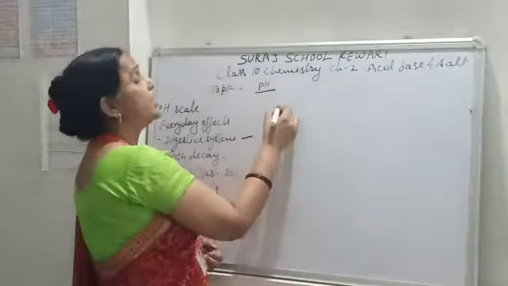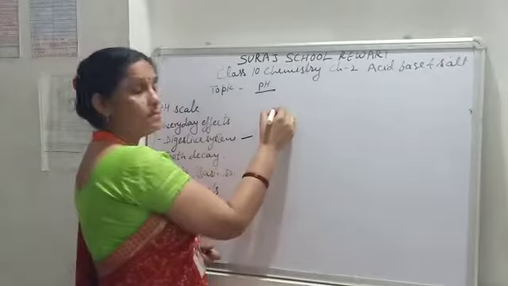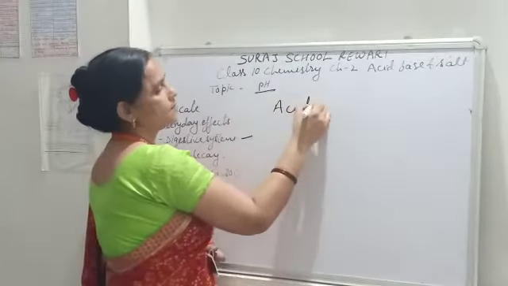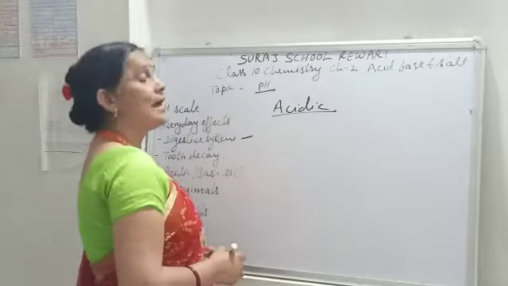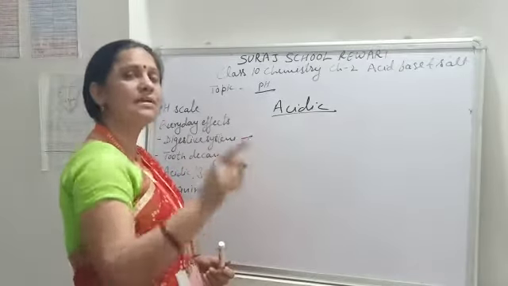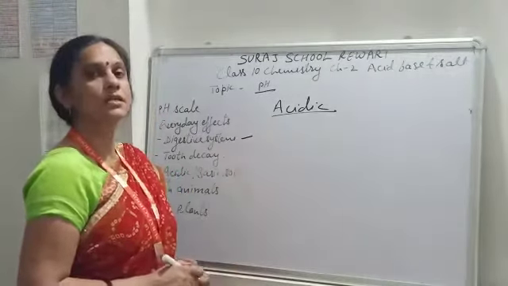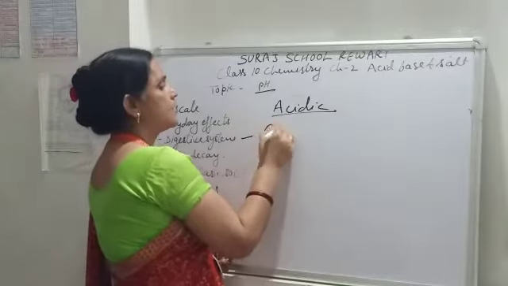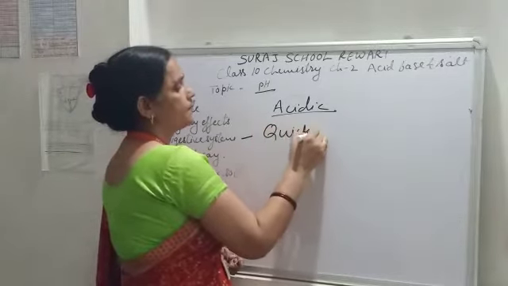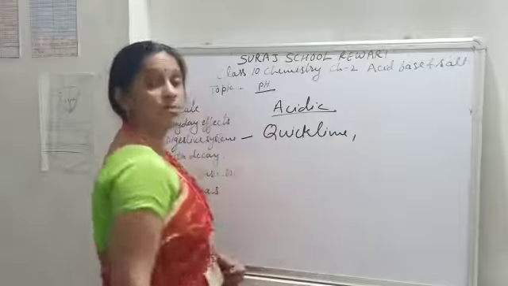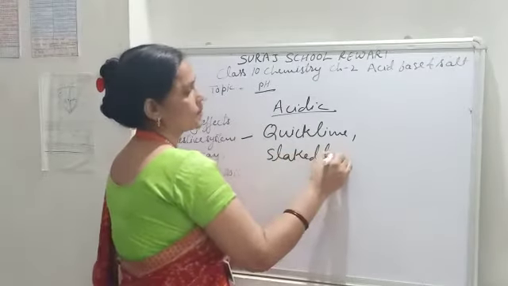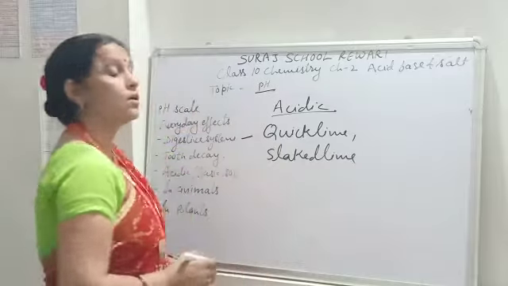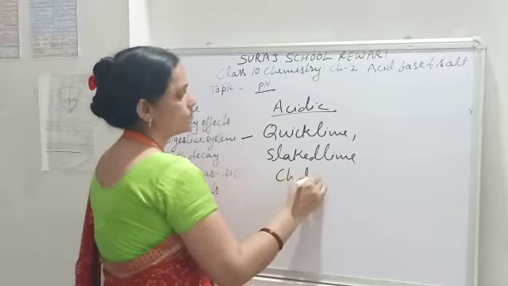If the soil of a field becomes acidic, then we should spread some basic substances in the soil, which may be quicklime, slaked lime, or chalk powder.